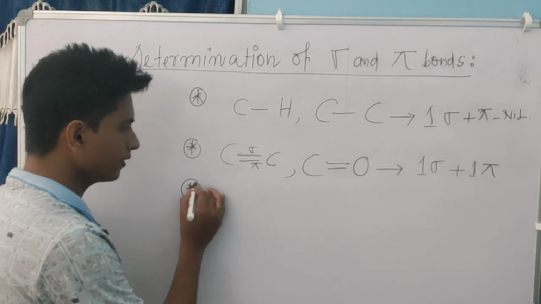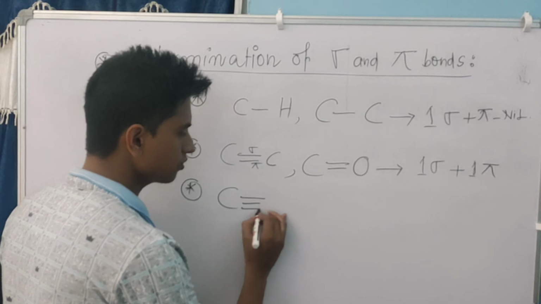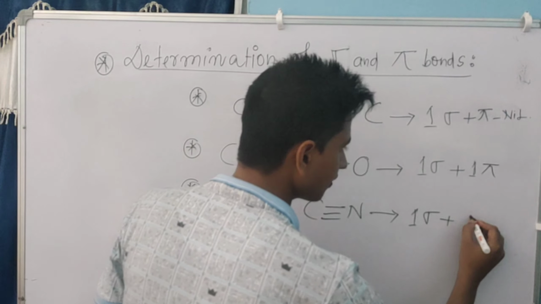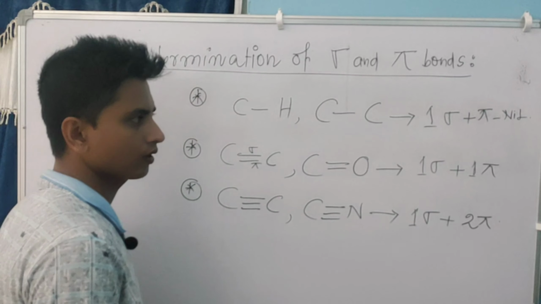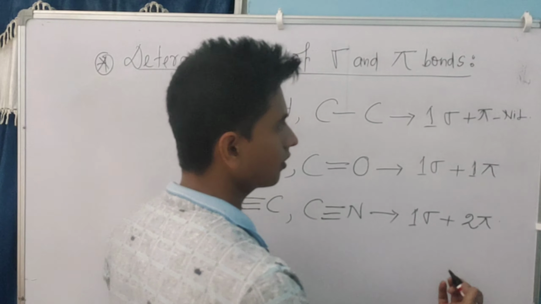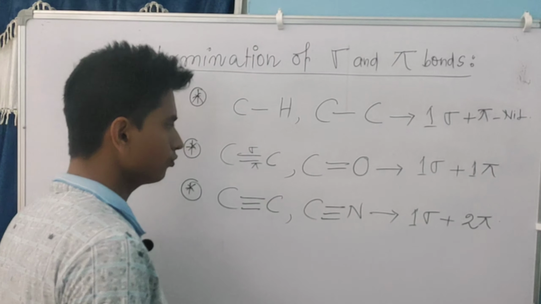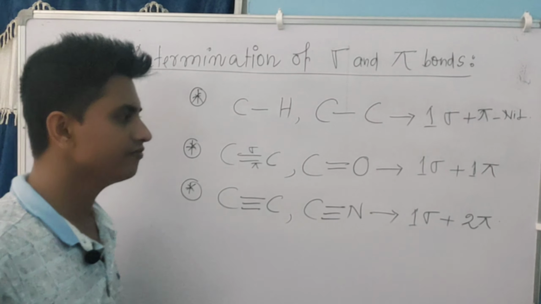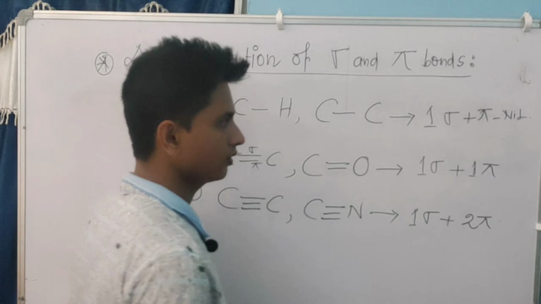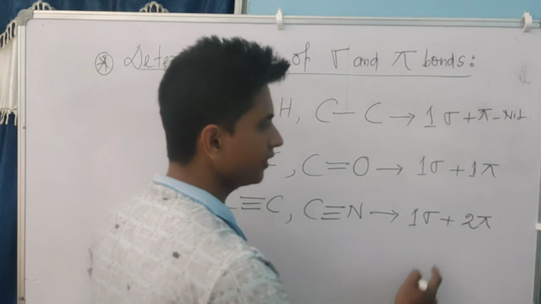In this way, other compounds may contain a carbon-carbon triple bond or carbon-nitrogen triple bond. In this case, only one sigma bond is present and the number of pi bonds is 2. If we have to find the hybridization, we can also determine the hybridization of the respective carbon atoms depending on this concept.